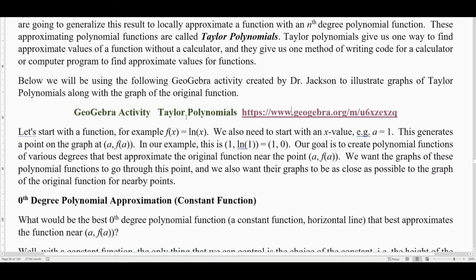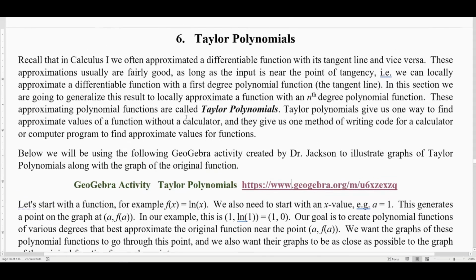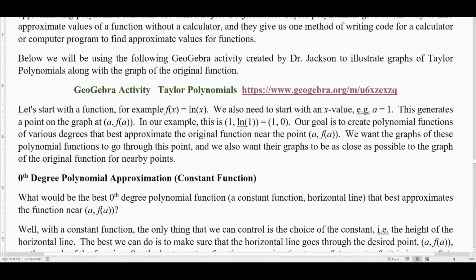Now the first question is, let's approximate this with different polynomial functions. And we want them to be very good. In fact, we want them to be perfect at the point a, f of a, and we want them to be as close to the graph of the original function as possible nearby that point.